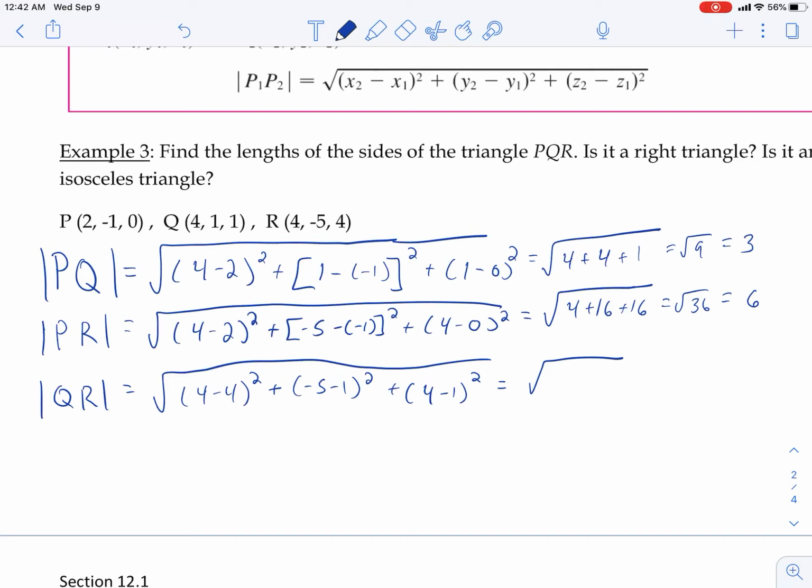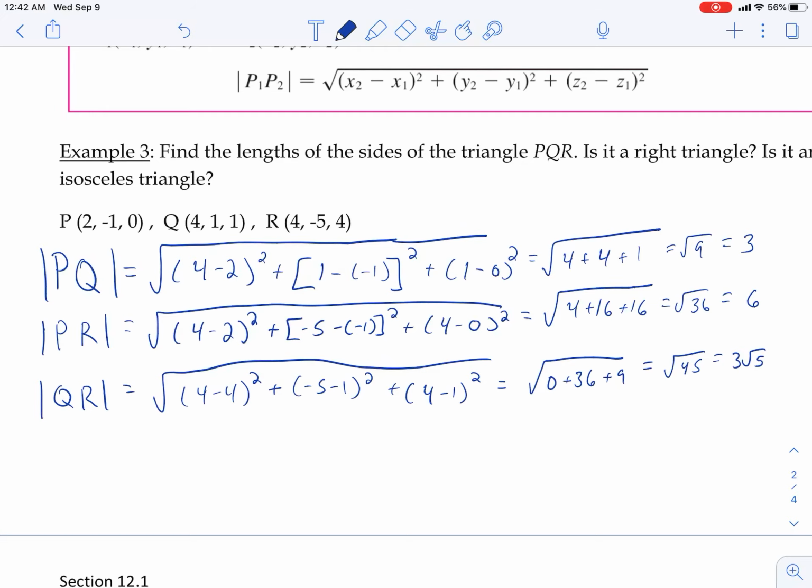And we are going to get 0 squared is 0. Negative 6 squared is going to be 36, so plus 36. 4 minus 1 is 3, so 3 squared is 9. Add that, we get the square root of 45. And the square root of 45 can be broken down to 9 times 5. Square root of 9 is 3, so 3 square roots of 5.